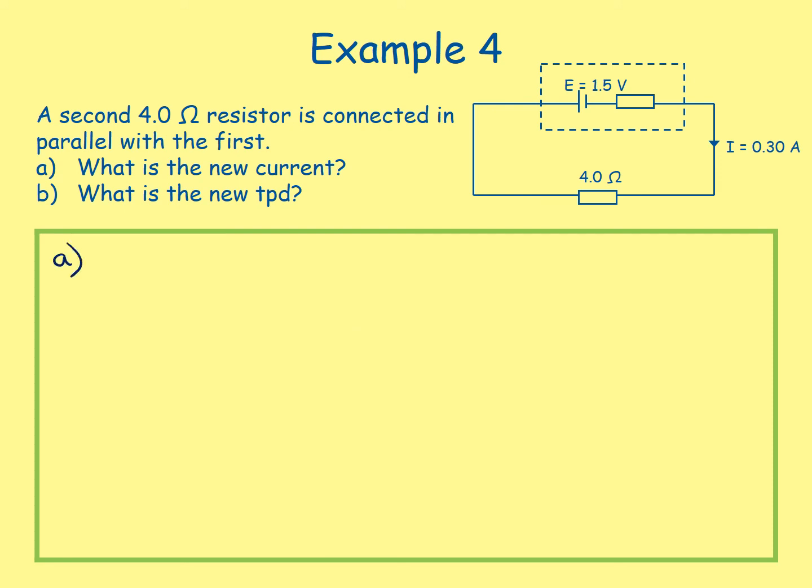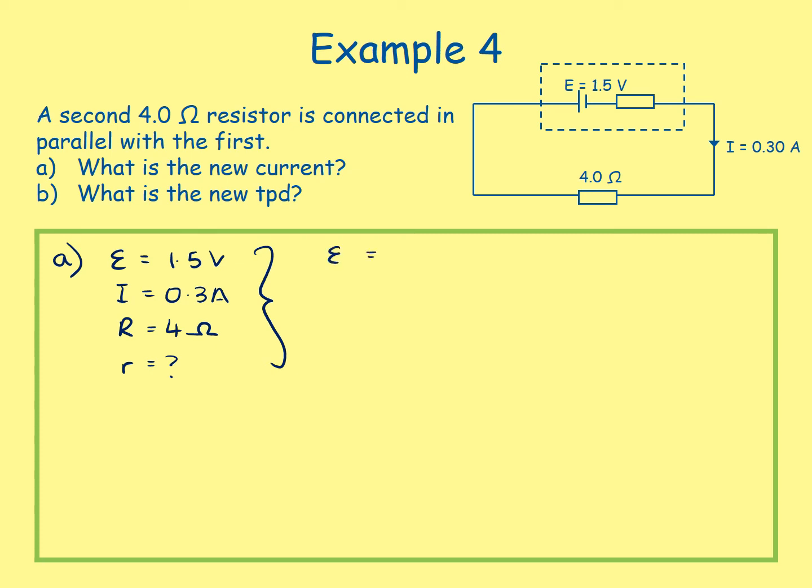So we want to write down what we have. Our EMF is 1.5 volts. Our current is 0.3 amps. Our load resistance is 4 ohms, but we don't know our internal resistance. And we want to find a new current, but before we are able to do that, we need to know that internal resistance. So using the initial circuit, just with the 4 ohm resistor in, let's use our equation.